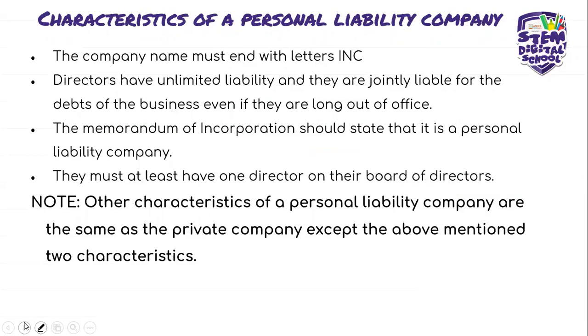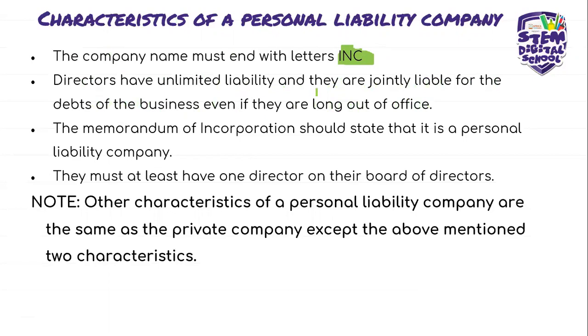Now, we also touched on characteristics of a personal liability company. We said now, how do we see whether this is a personal liability company or a private company? We know that it ends with an INC. Directors have unlimited liability and they are jointly liable for the debts of the business, even if they are long out of office.